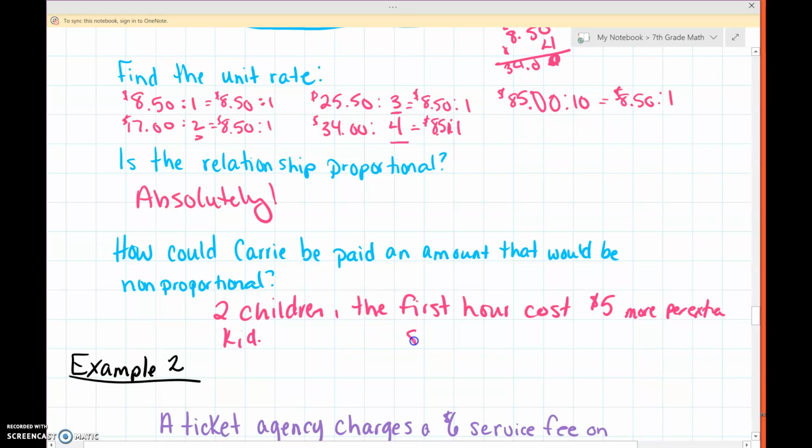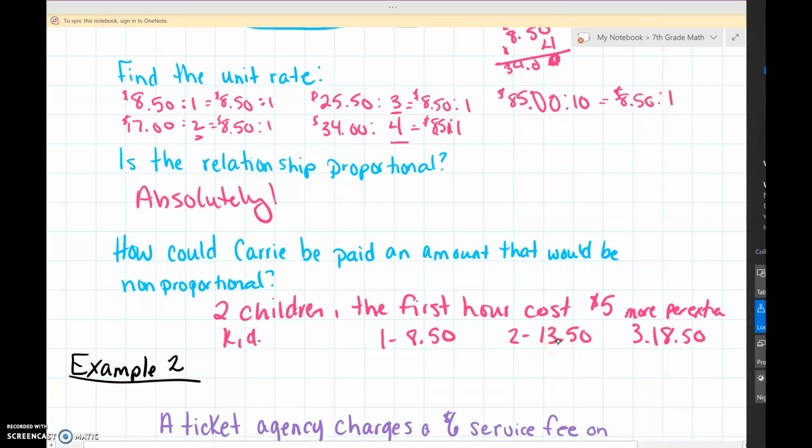So rather than charging $8.50 for 1 kid, 2 kids would be, what is that, $13.50. 3 kids could be $18.50. And that's just for the first hour.